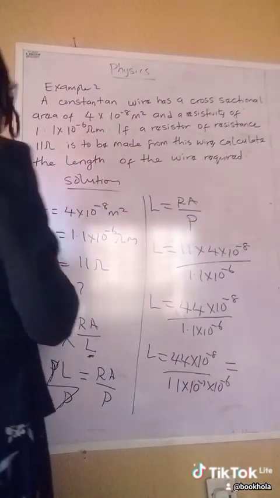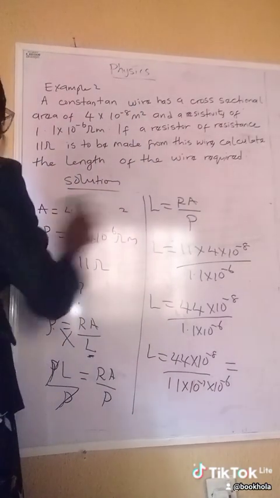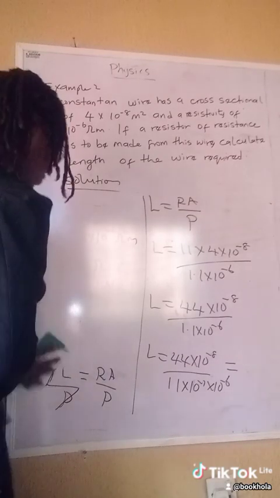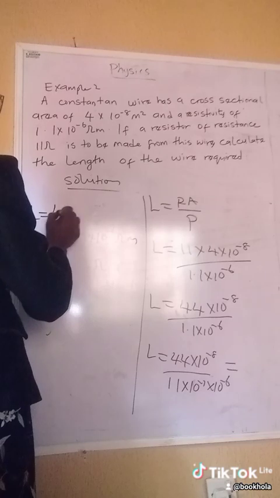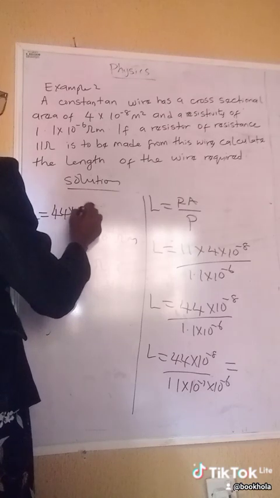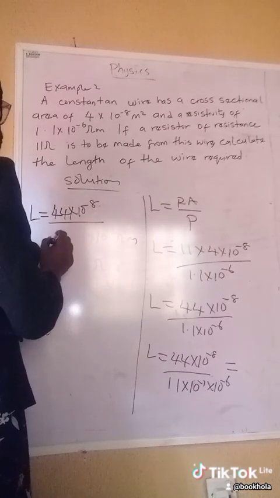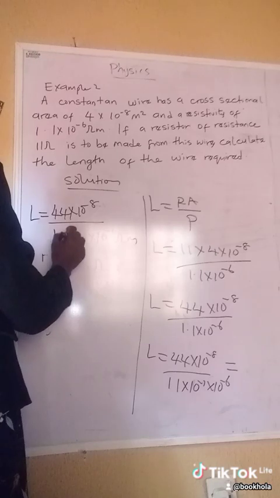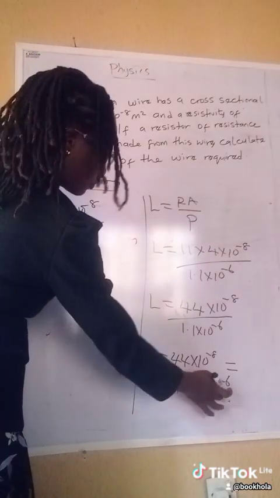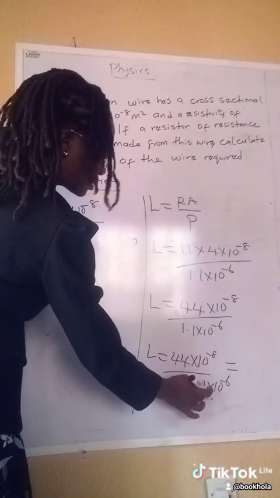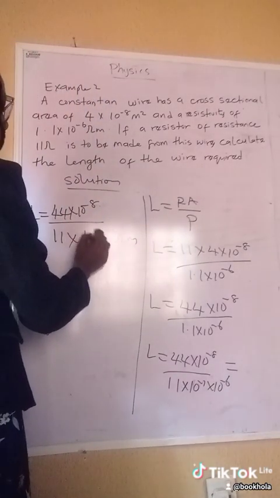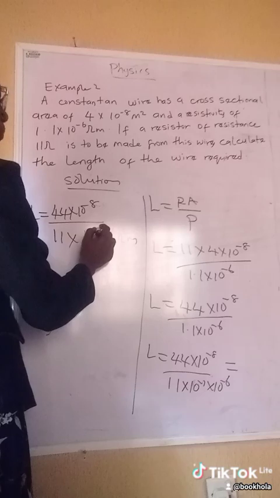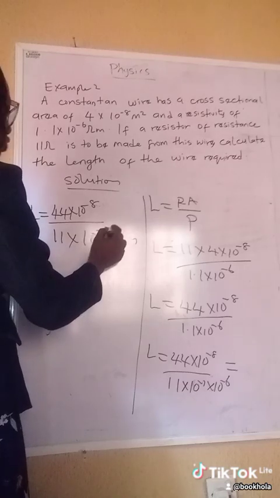So let me shift it to this side. So we have L is equal to 44 times 10 raised to the power minus 8 all over 11 times. So if we add these two powers, minus 1 plus minus 6 will give us minus 7.